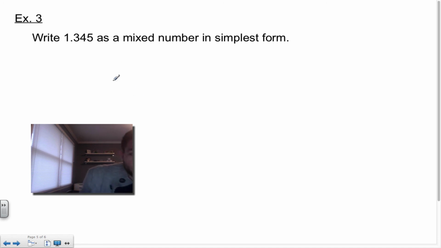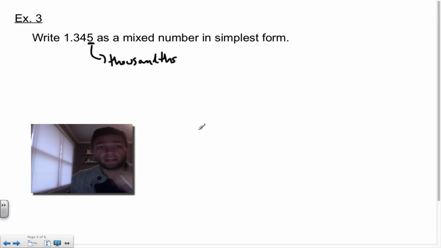Why did I say that? The furthest digit is the 5, and what place is it in? It's in the thousandths place. If you can identify that last place value, that tells you what your fraction is going to be.